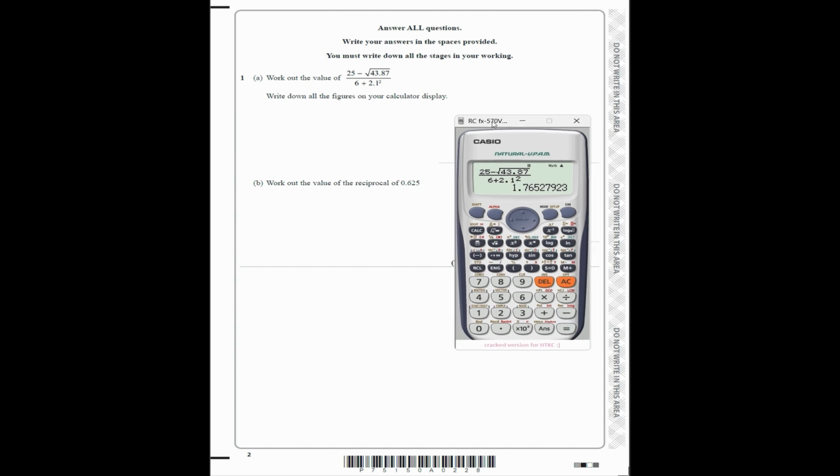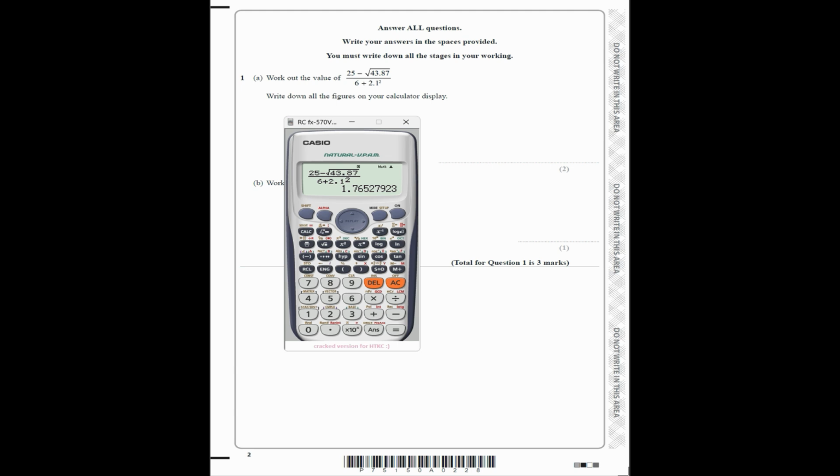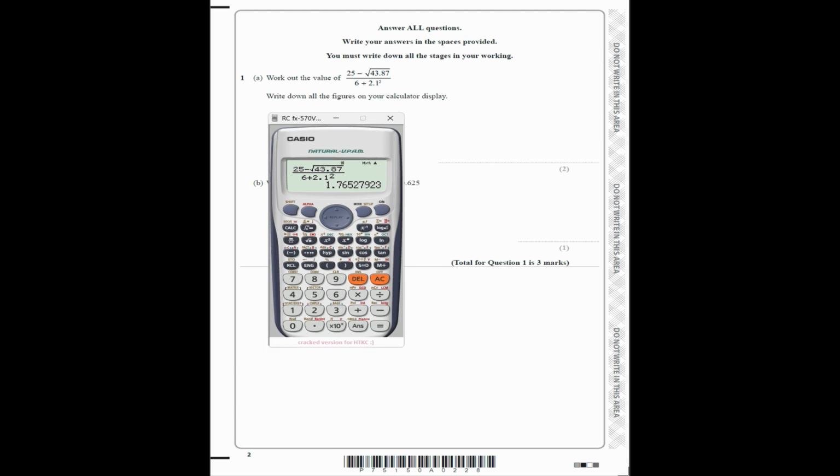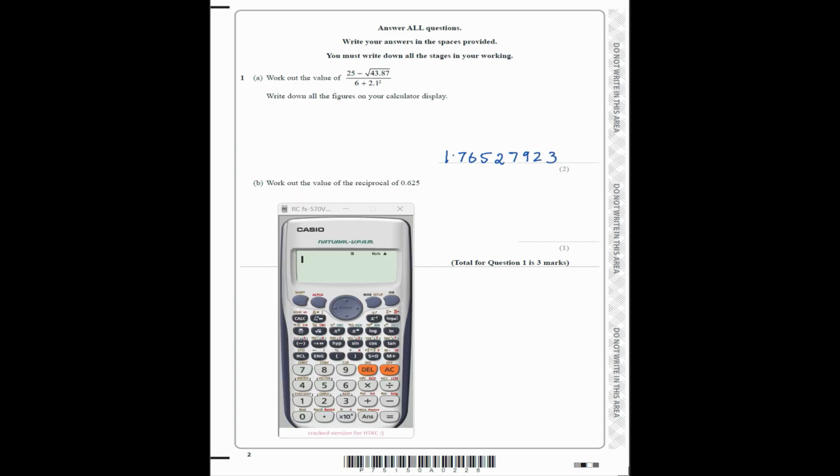Press the square button and press equal. Now it says write down all the figures on your calculator display. So we have to put exactly the same number as it is, 1.76527923.